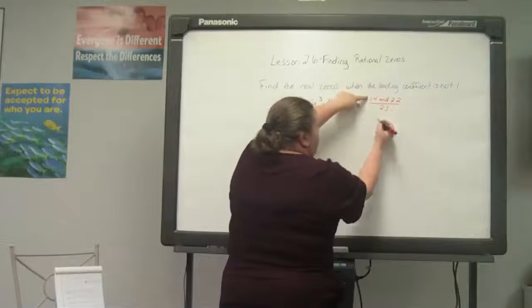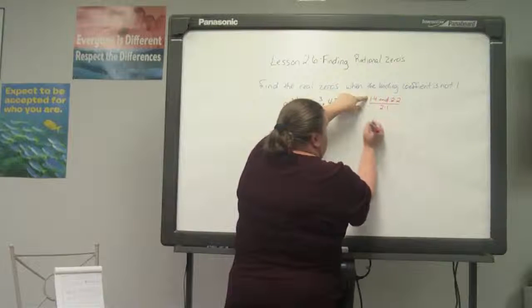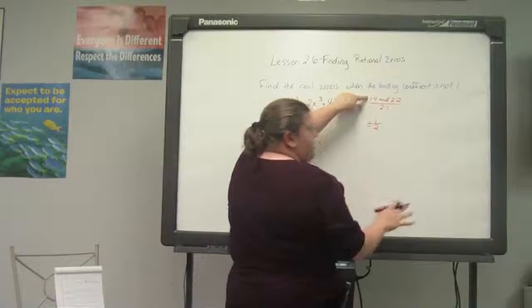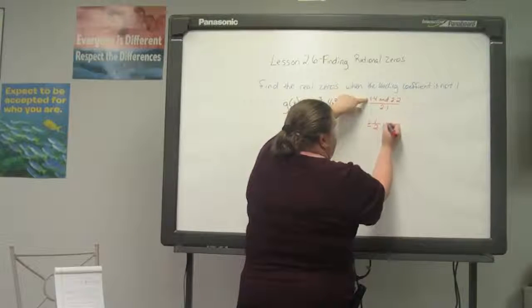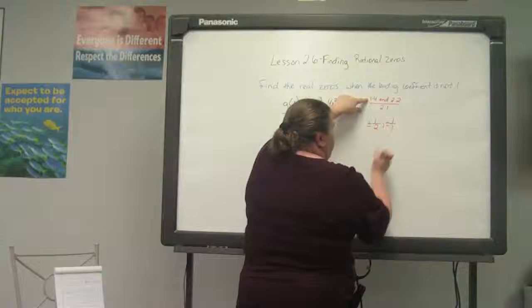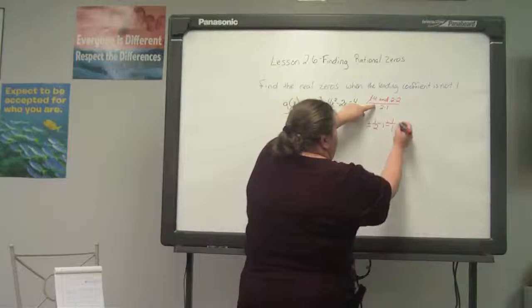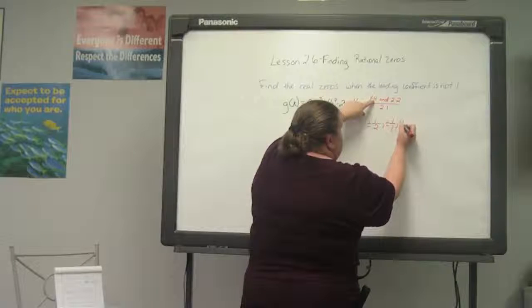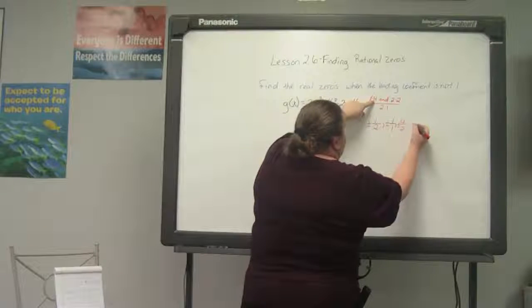say 1 over 2, positive or negative. Every time it's going to be a positive or negative. And then 1, positive or negative, 1 over 1. Now I can mark out my 1. I have to say, okay, well, 4 over 2, positive or negative, and a positive or negative 4 over 1.